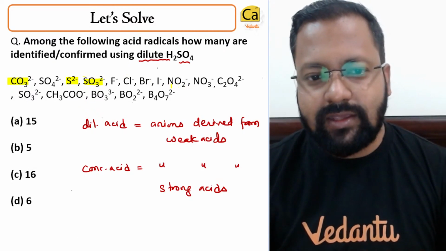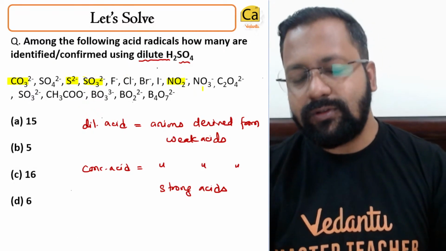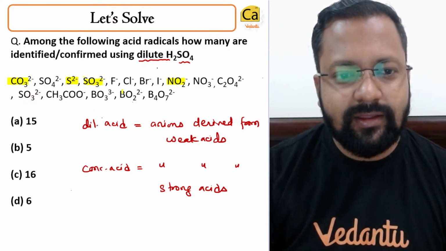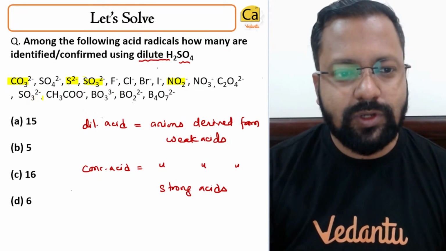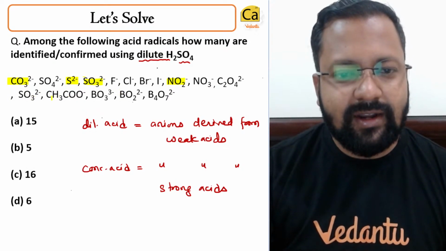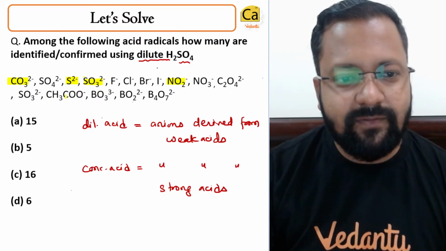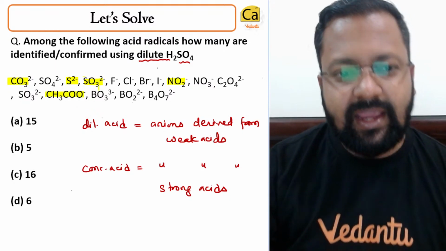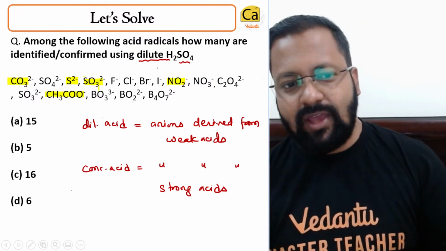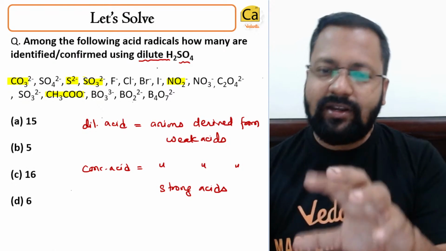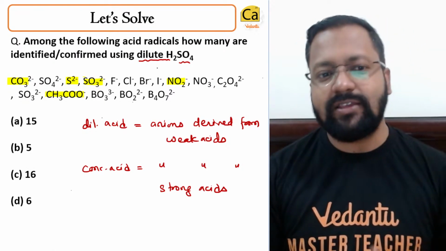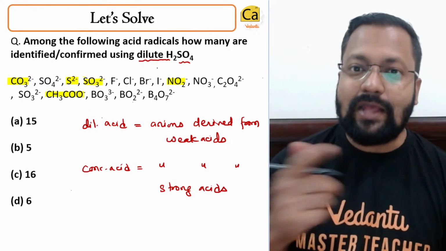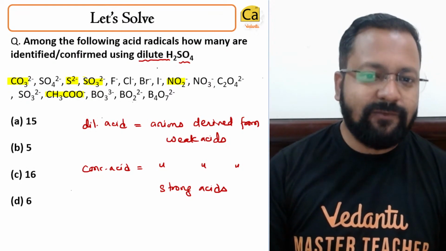Okay, next HNO2, nitrous acid, and SO3 2- तो हो चुका है, and we have acetate, और acetate is derived from acetic acid. Acetic acid जो है वो weak acid होता है. बाकी के जितने एसिड्स हैं उनको हम कंसंट्रेटेड एसिड्स के साथ आइडेंटिफाई करते हैं.